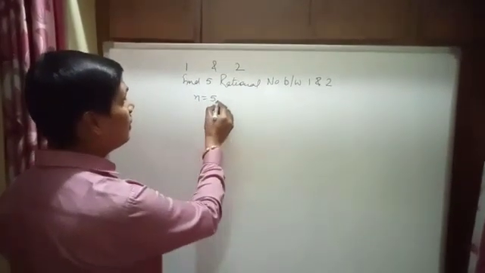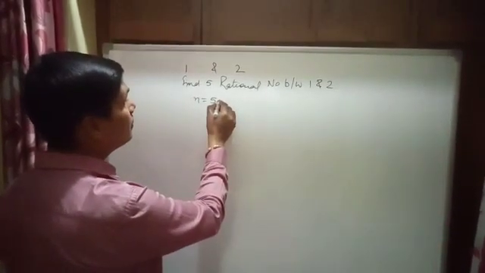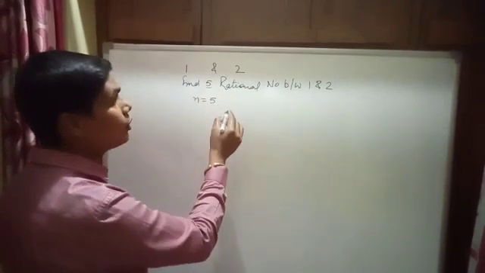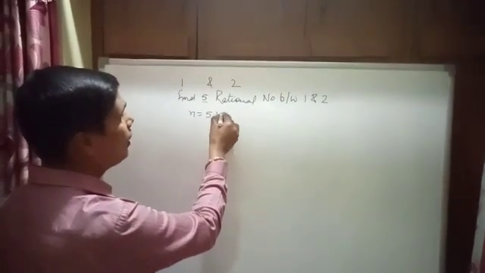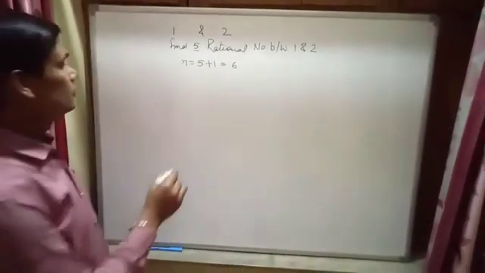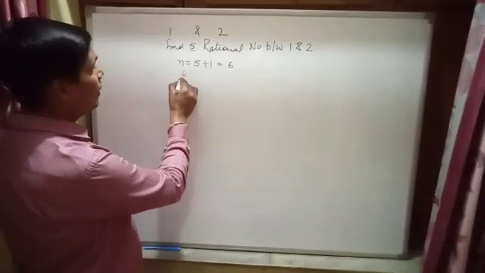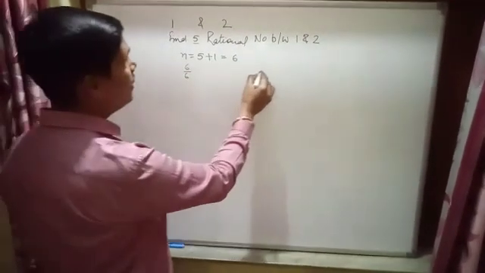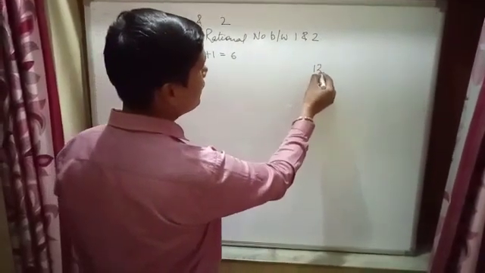Firstly, write the number of numbers which you want to find plus 1, means 6. You will write 6 by 6, and the other number is 12 by 6.